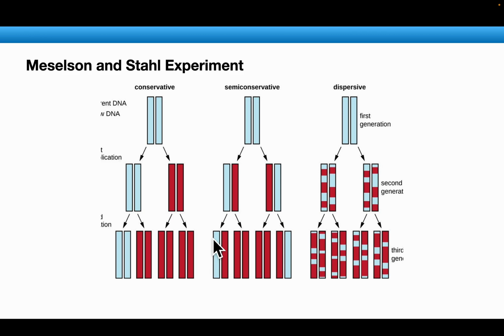After the second round of replication, 4 daughter cells are formed, one containing the parent DNA, and the other 3 are all newly synthesized DNA.